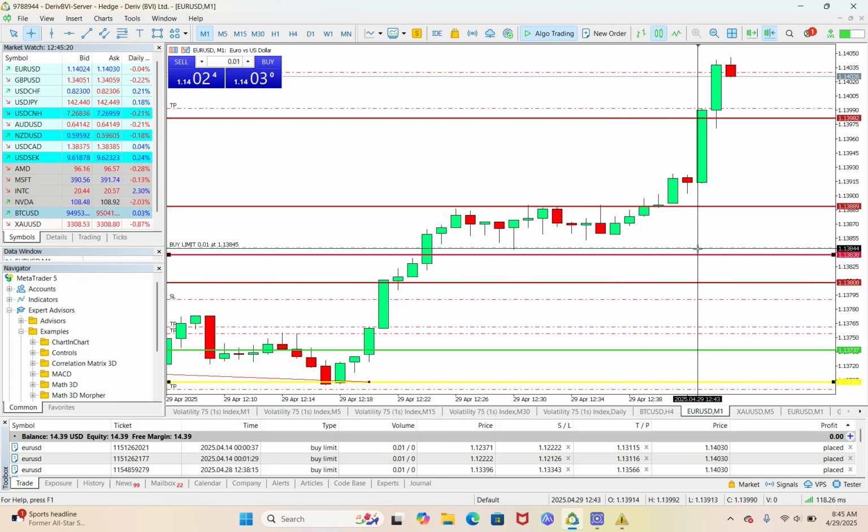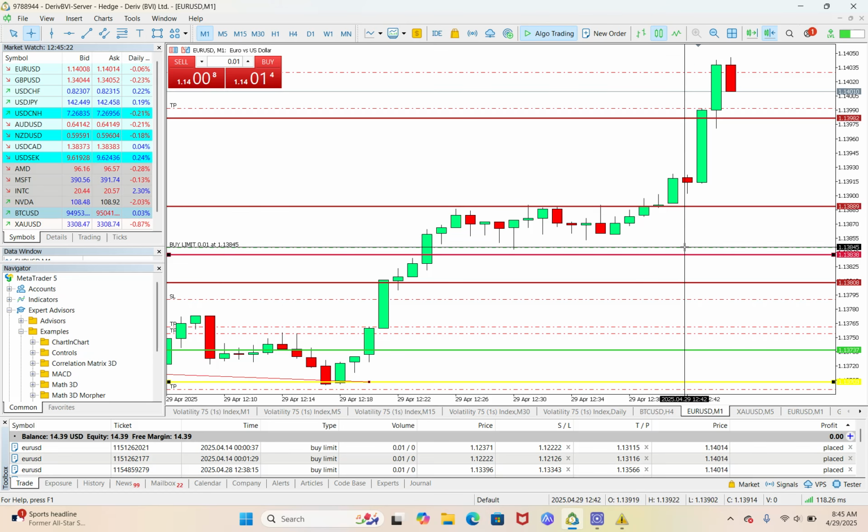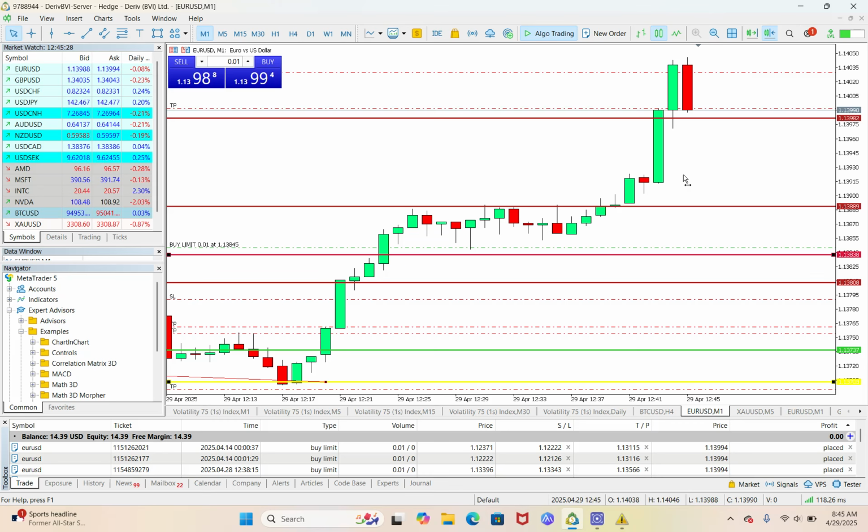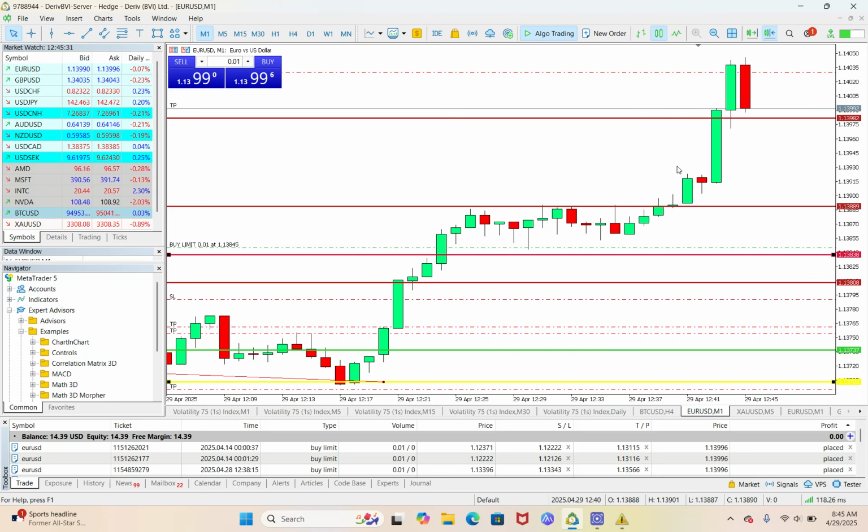Let me see what's going on here. This here right here is an area of interest as well, because the market broke above this area where sellers were in control, farming this area right here, two structures.